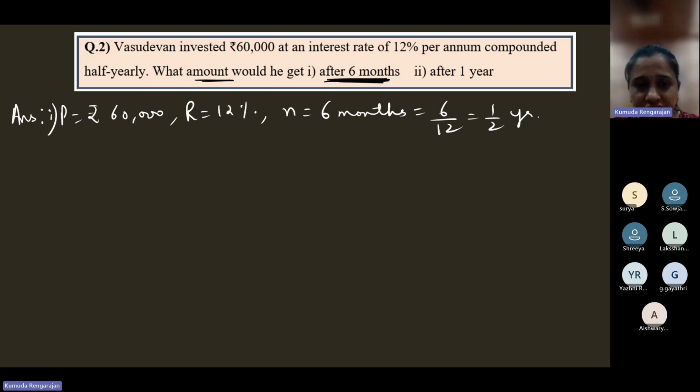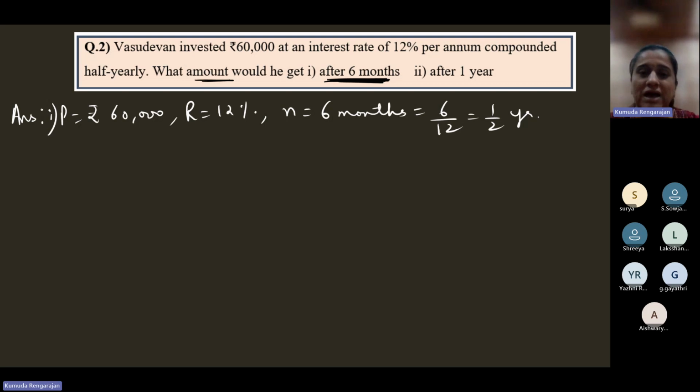Under these circumstances, what will be the amount Vasudevan would get after 6 months? If he visits the bank after 6 months, what will be the amount in his account is the question. That is, there will be the principal value of 60,000 and some interest also will be given to him, no, because interest is given every 6 months.